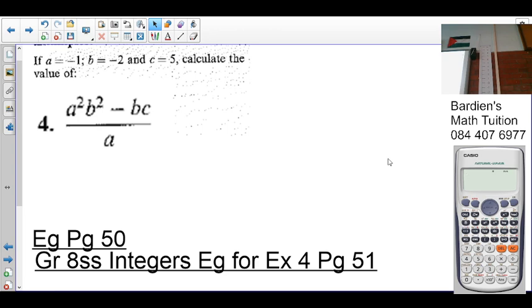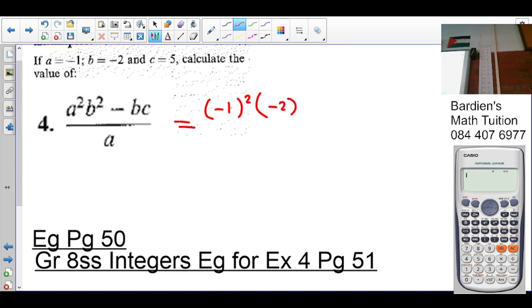Number 4. We got a squared b squared minus bc over a. Where do we start? Substitution. I could have simply simplified, but it would have left me with a b squared minus bc over a anyway, so let's do the substitution first. That would have given us negative 1 squared. What's your value for b?